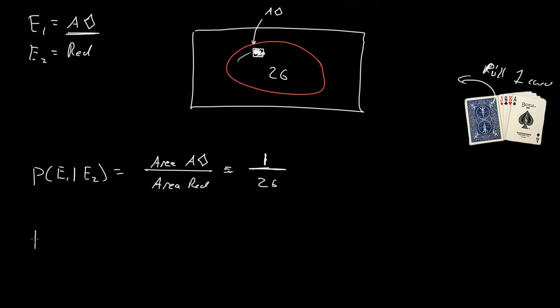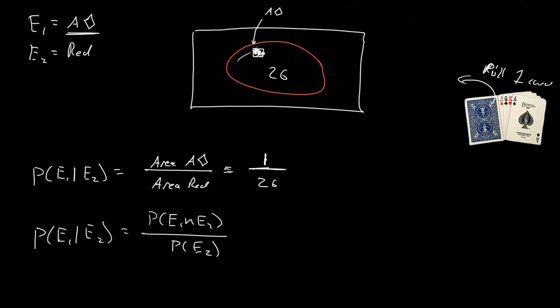Now what you might see is the equation where the probability of event 1 given event 2 has occurred is equal to the probability of the intersection of event 1 and event 2, all over the probability of event 2. So what does this mean?